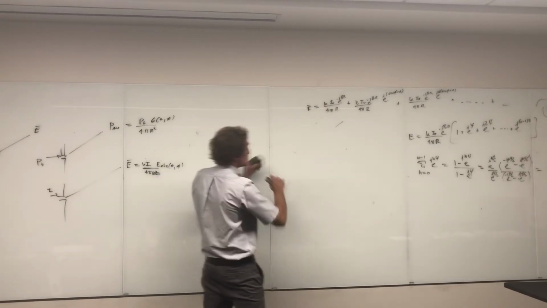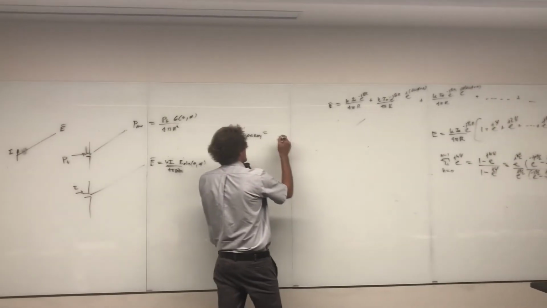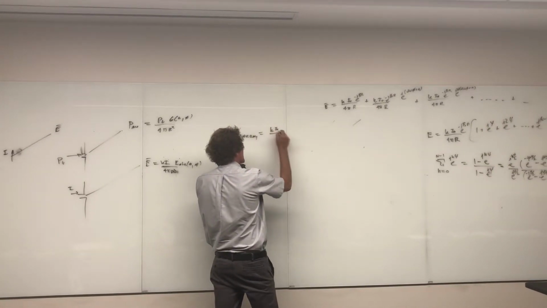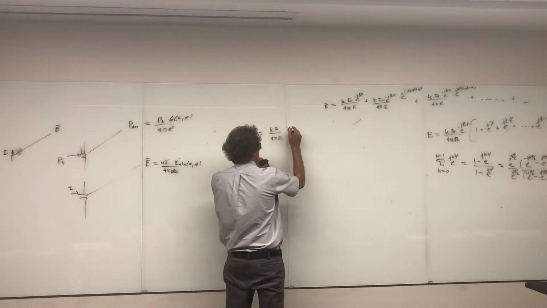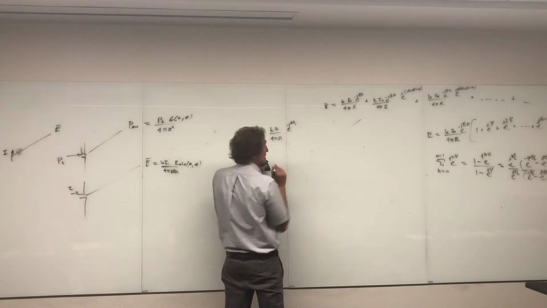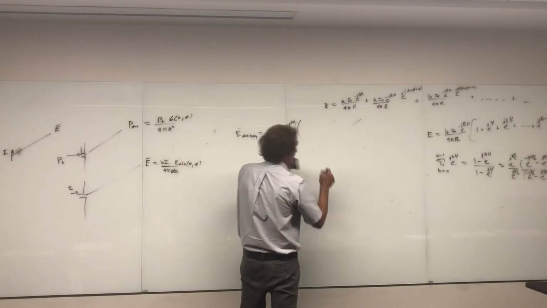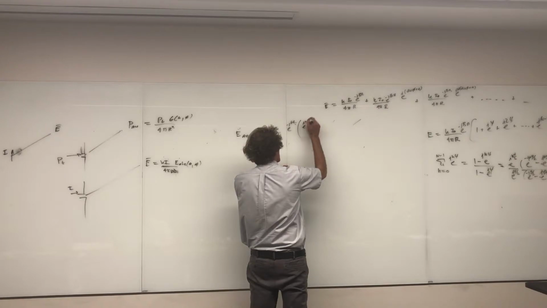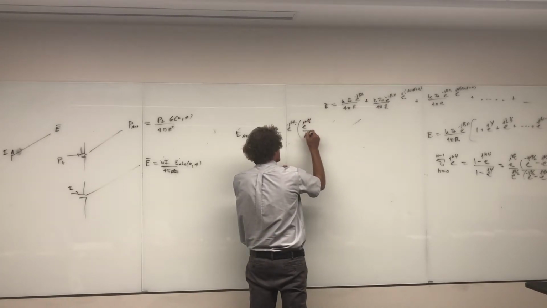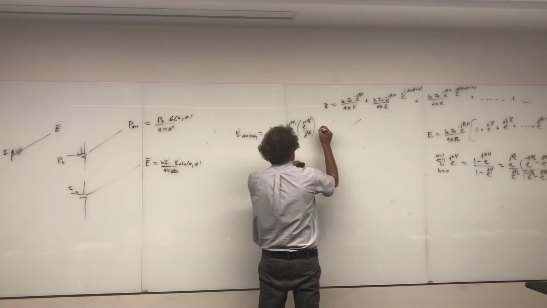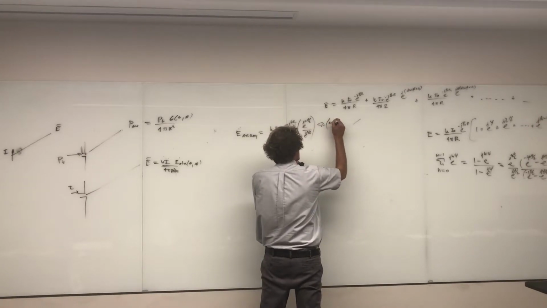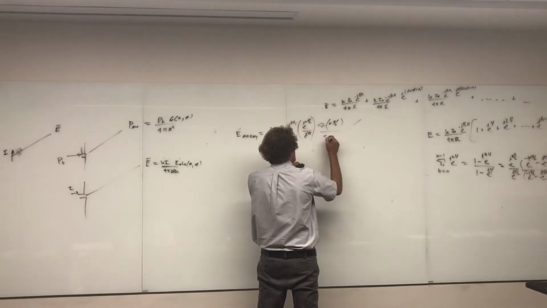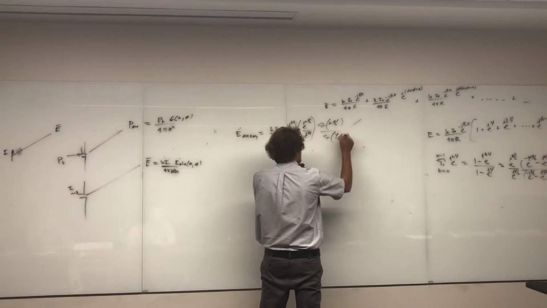It's just going to be equal to k I naught, that's isotropic, over 4 pi r, e to the minus j beta r. And then it's times this phase form you don't even need to worry about: e to the j n psi over 2, e to the j psi over 2, and then the sine of n psi over 2 over the sine of psi over 2.